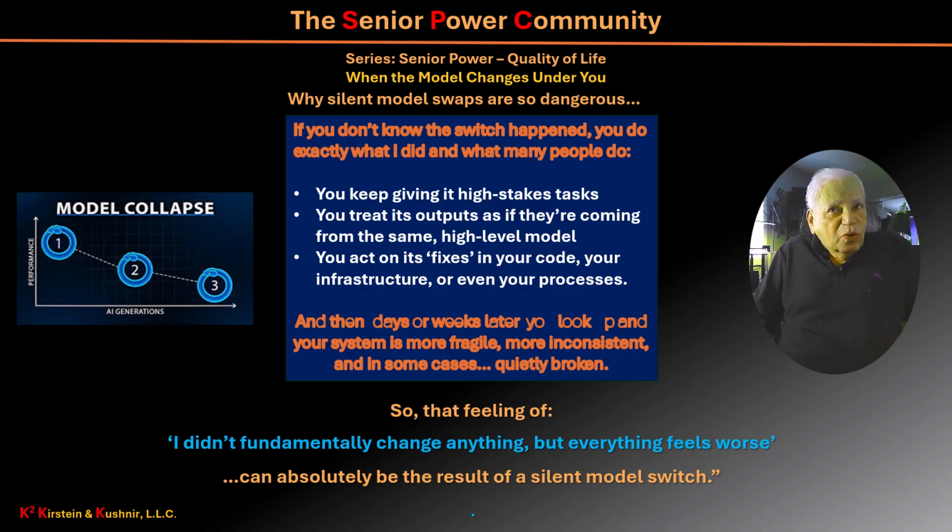And then days or weeks later, or immediately, you look up and your system is more fragile, more inconsistent, and in some cases, we say quietly broken. That's being nice. It's rather loudly broken. It's destroyed. So that feeling of, I didn't fundamentally change anything, but everything feels worse, can absolutely be the result of a silent model switch.